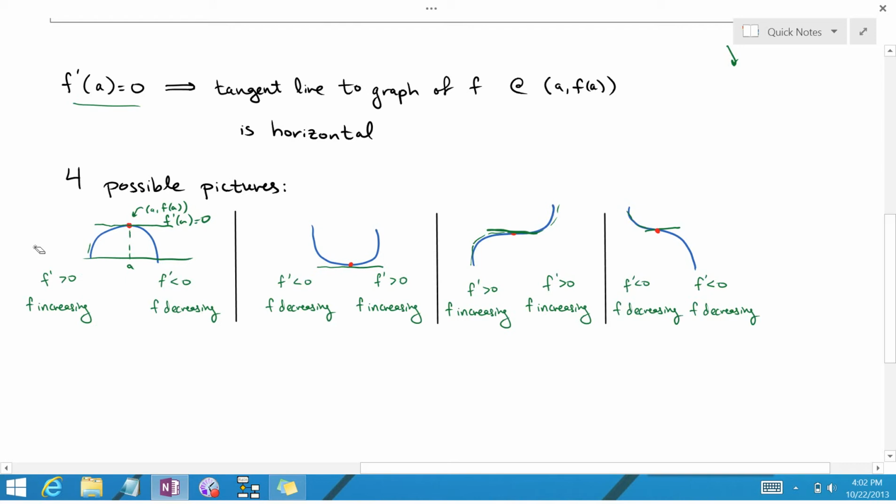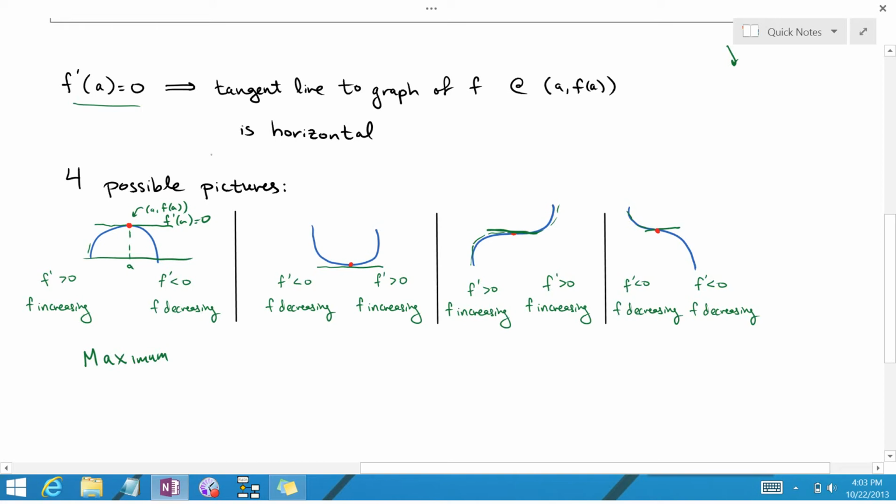And similarly, on the right, it's decreasing, and f prime is negative. And you'll notice that if we're kind of increasing, and then we flatten out, and then we start decreasing, again, in spite of everything, we're forced into this picture. So that's one way of telling that you have a maximum point. You have this little maximum hump right there at that red point. If f is increasing to the left, and it's decreasing to the right, and f prime is 0 at that point.